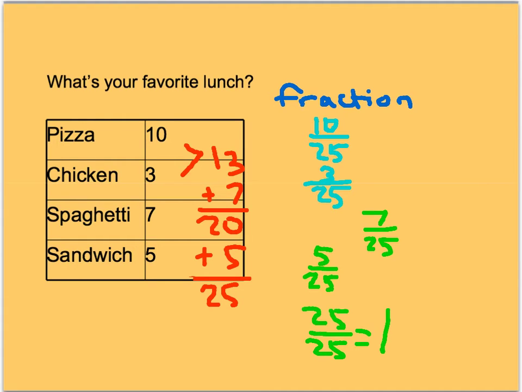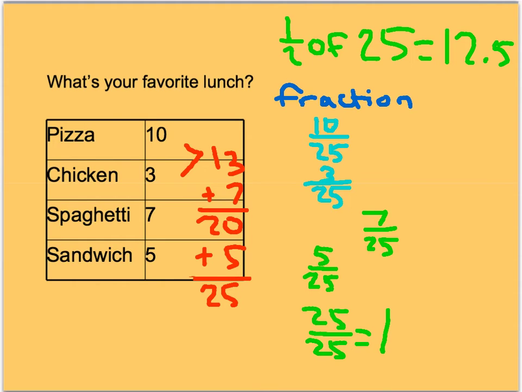Now, let's look at this and think about it. We've got 10 25ths. Now, if half of 25 is what? Did you say about 12, 12 and a half? If that's the case, then 10 25ths is not going to be as much as a half.